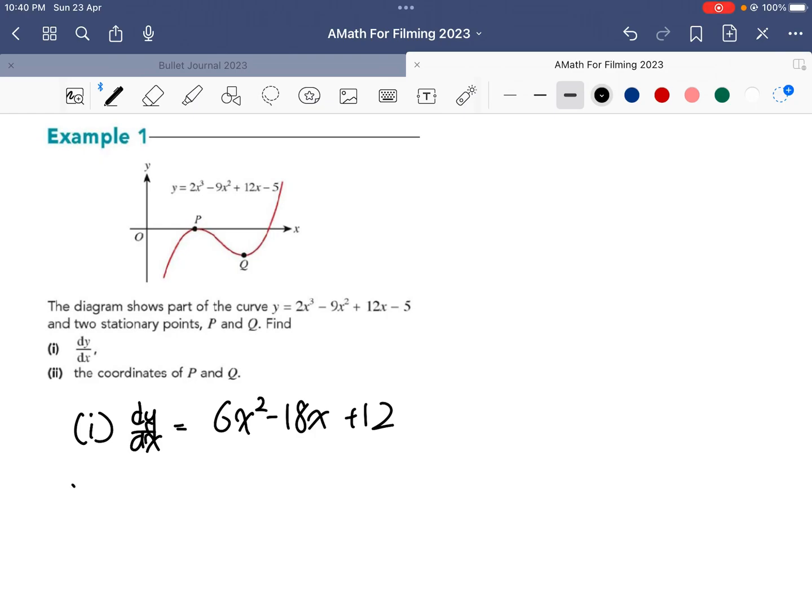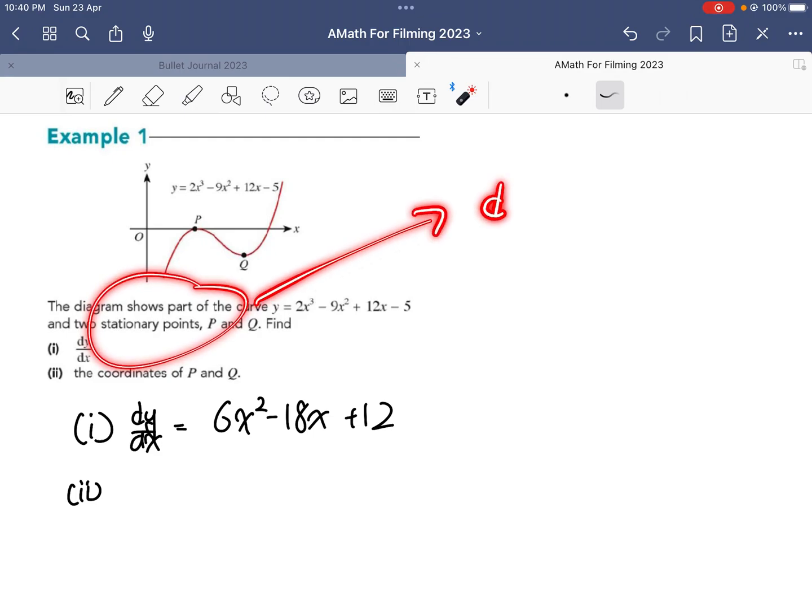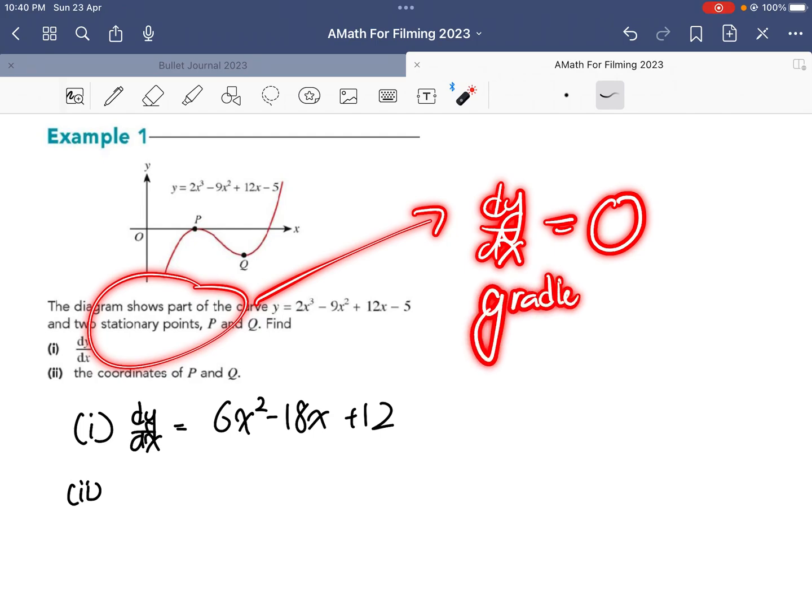Now, the coordinates of P and Q. P and Q are stationary points. So based on the previous concept that we've learned, at stationary points, we know that dy/dx is equal to 0. Basically, the gradient at stationary points is equal to 0.